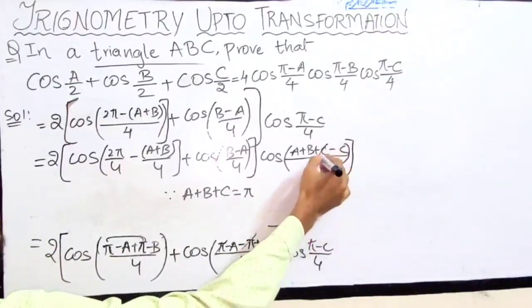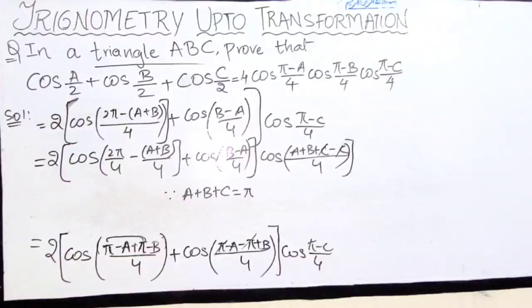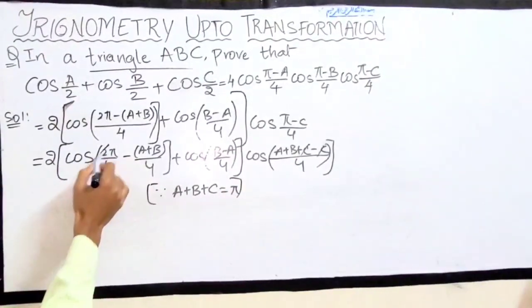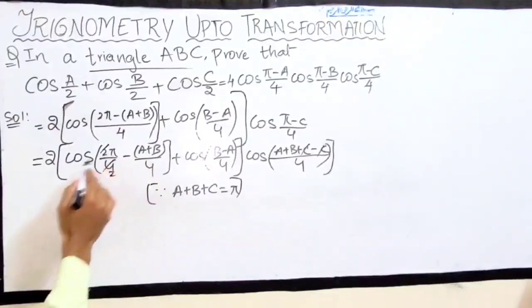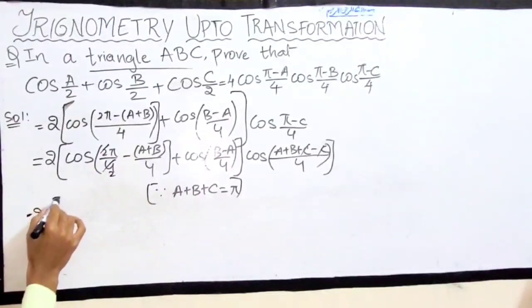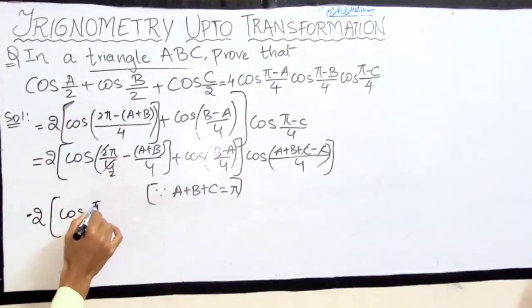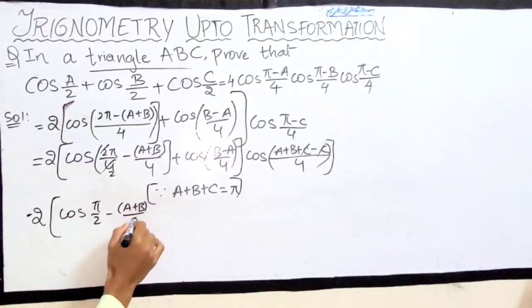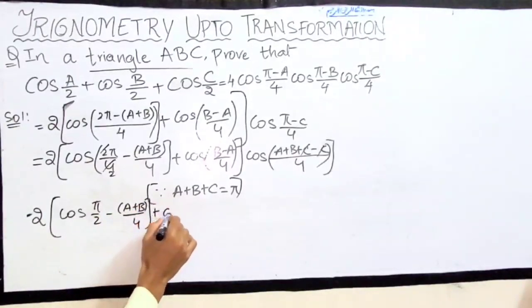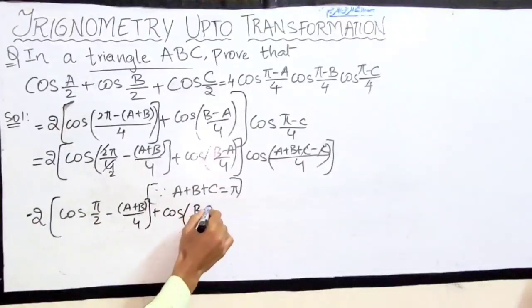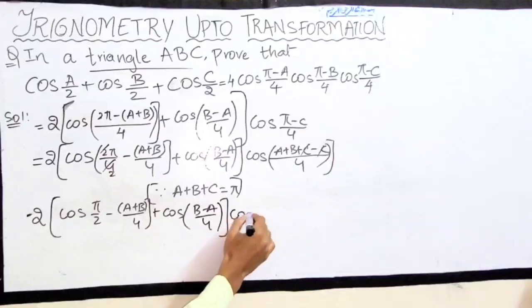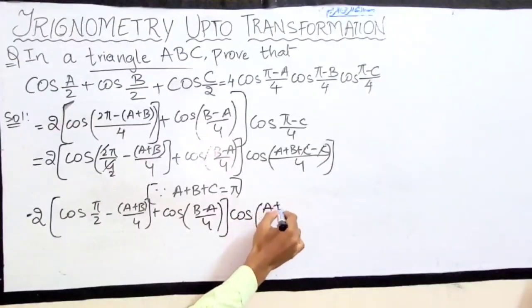The plus c and minus c get cancelled, and here you can cancel this term also. 2 ones are 2, 2 twos are 4, which will become 2 into cos of pi by 2 minus (a plus b) by 4, plus cos of (b minus a) by 4, which will give you cos of (a plus b) by 4.